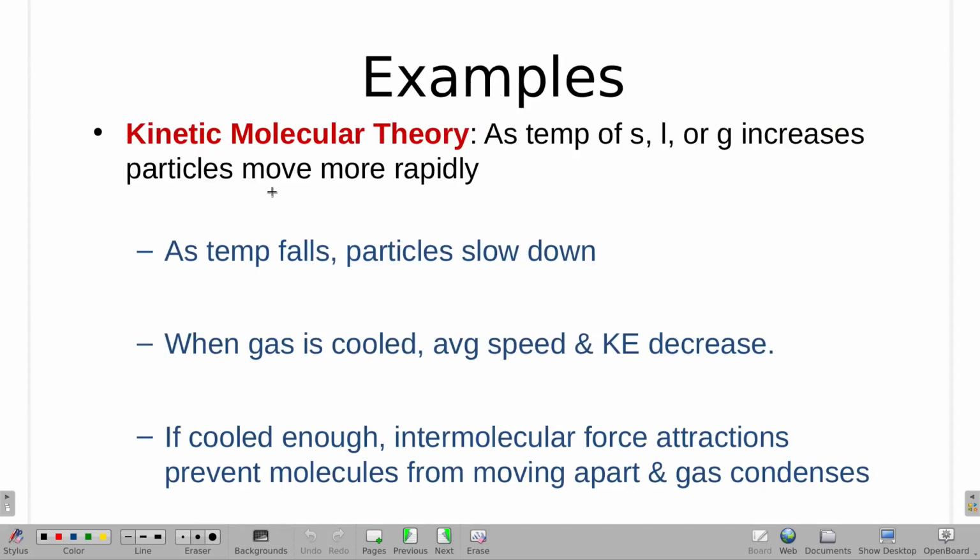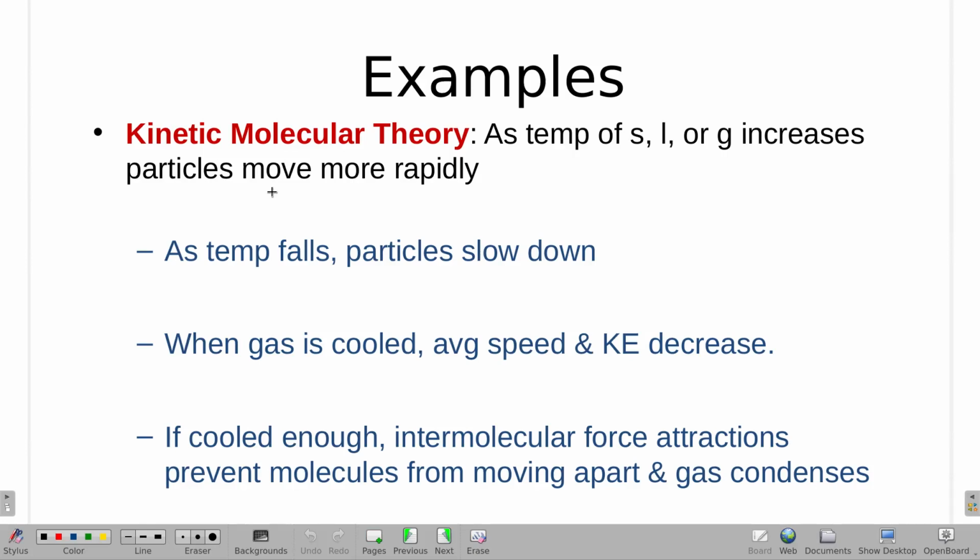All right, so next little thing. Last chapter we introduced the kinetic molecular theory to help us understand why gases behave the way they do. Now, we actually said back then that the attraction forces between gas molecules could be ignored because the speed of the particles and the distance between them was so large that it was a negligible attraction. Well, that is still true.